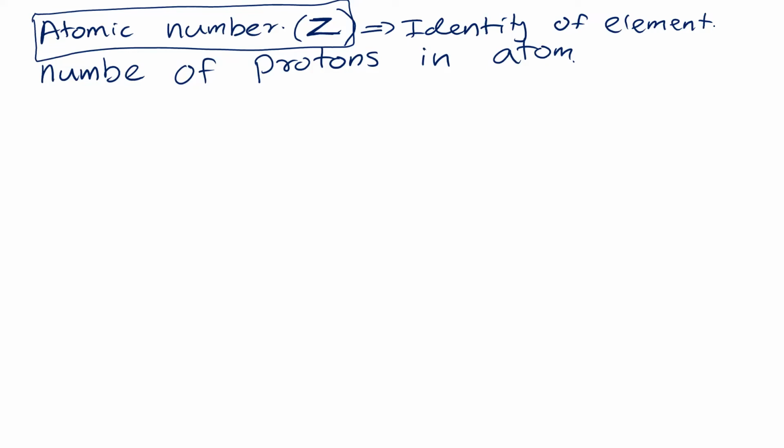Now, if our atom is charge neutral, we should have the same number of protons and electrons. What we call a neutral atom is one with no charges, not an ion.